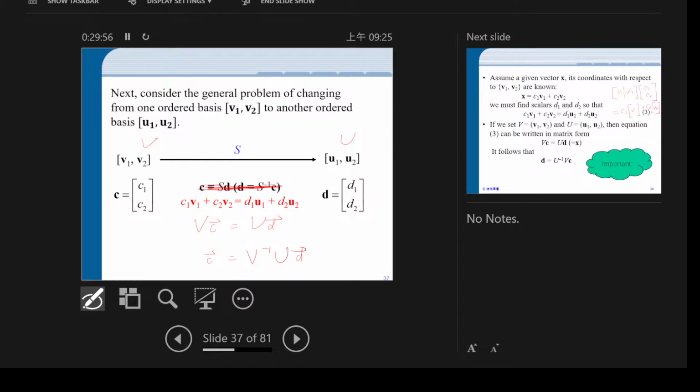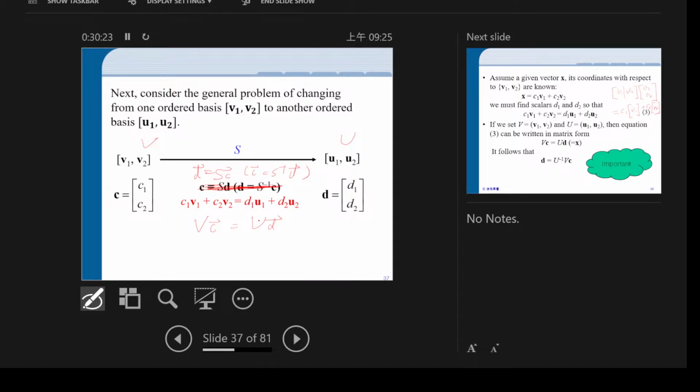So we want d equal to S times c. Okay, sorry. And another thing is c equal to S inverse times d. So we want the S matrix to be the other way around if we want this.